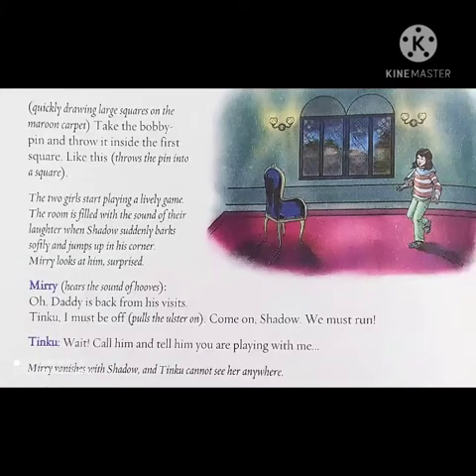Tell your father that we are playing the game. Please stop and play the game and complete it." But Miri vanishes with Shadow. She could not wait. She ran away. Tinku could not see her anywhere. And now Tinku is all alone at home once again.